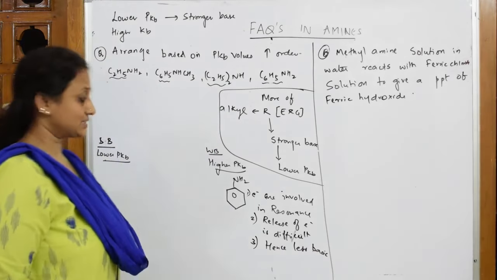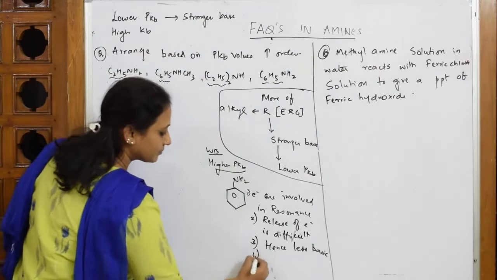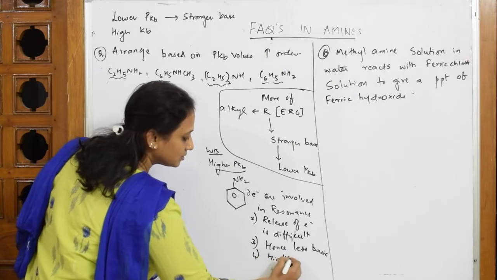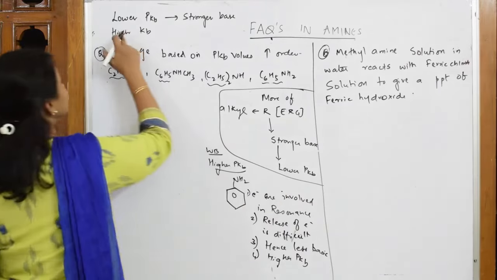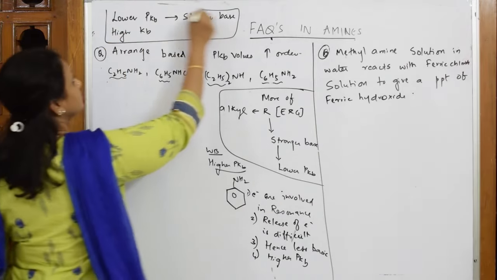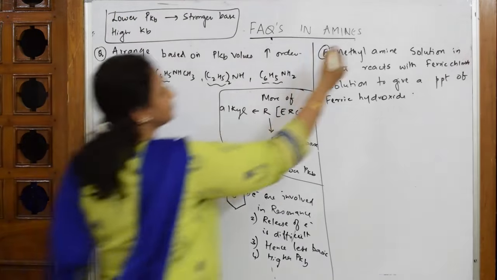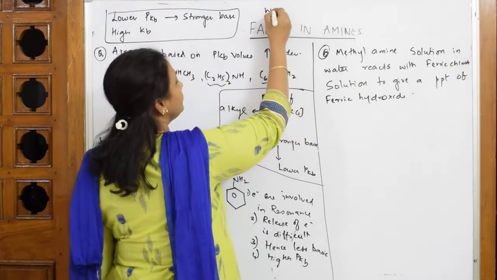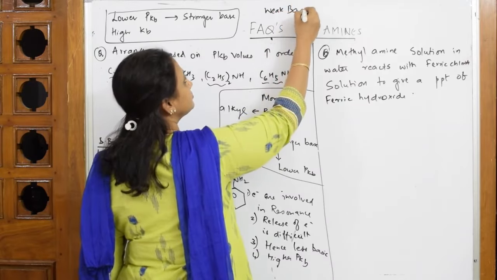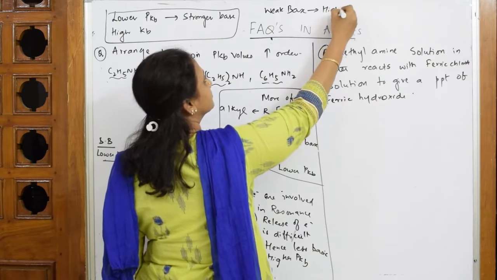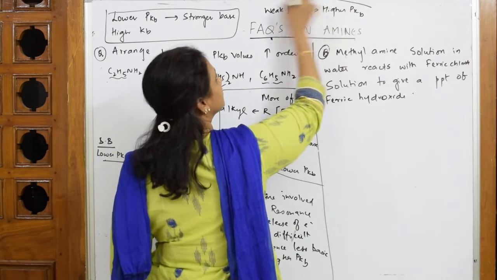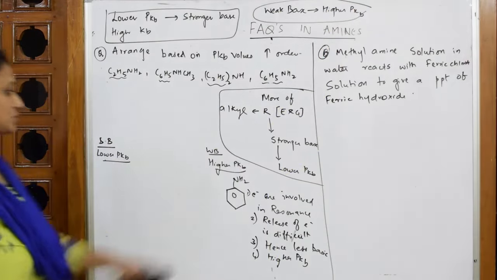When it is less basic, pKb will be higher. Come back, see. Stronger base, lower pKb. Weak base, higher pKb. That's it. This is over.